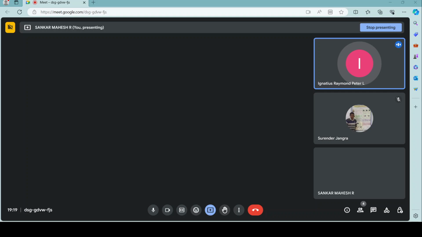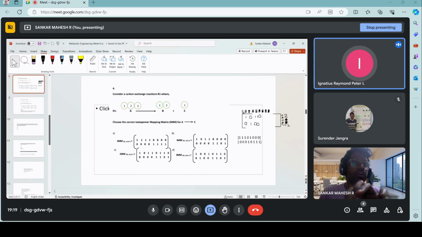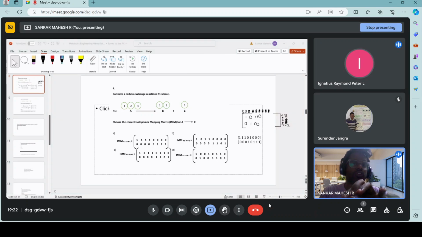Now we have to identify C1 to C1 and C2 to C2. So we'll know what all the possibilities are that we could get. So instead of this being an 8 cross 2 matrix, it will be an 8 cross 4 matrix. So that will be the difference. Does this clarify, or we can discuss further if it's not clear?